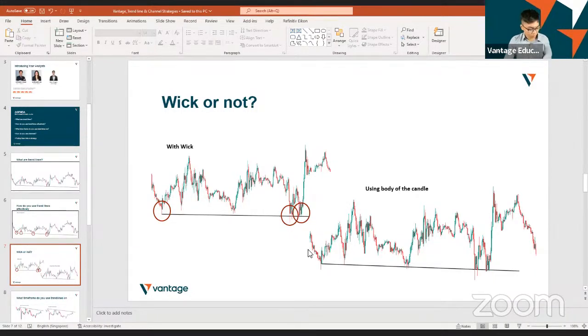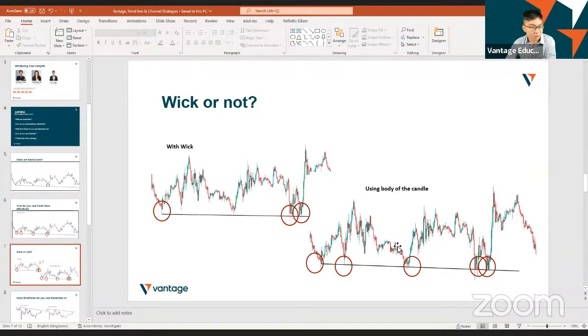We have 1, 2, 3, 4, and 5. So there's actually no right or wrong on whether you should use the wick or the body of the candle. Just find the line which is the best fit line.